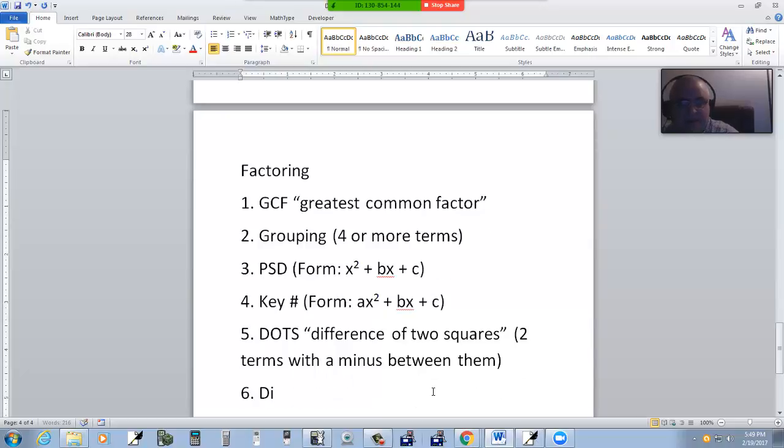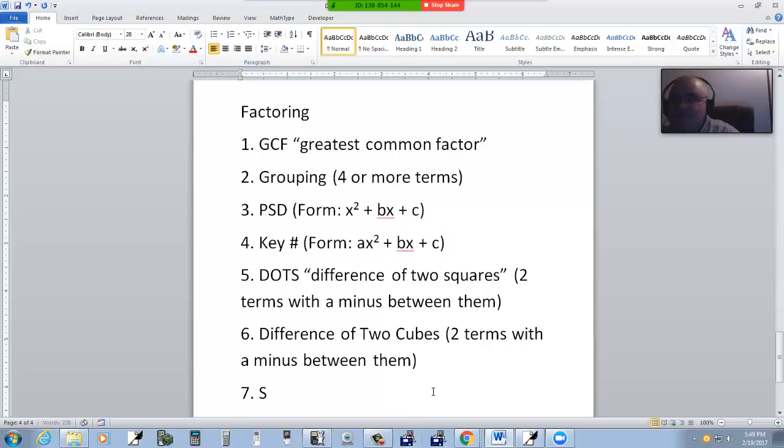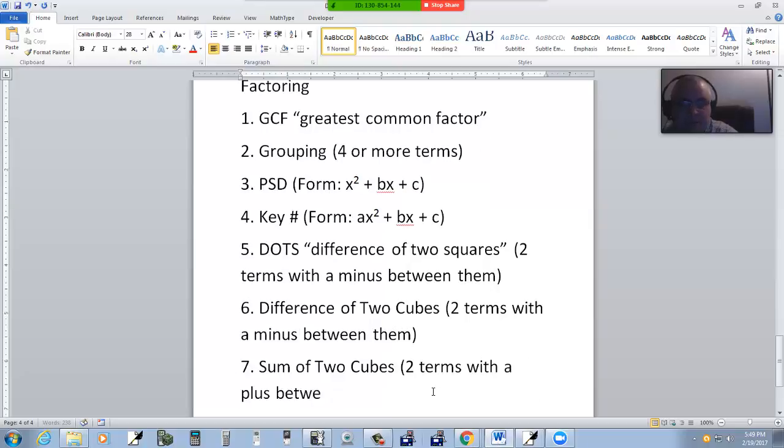Our sixth method is difference of 2 cubes. And that's when you got 2 terms with a minus between them. And our seventh method is sum of 2 cubes. And that's 2 terms with a plus between them.